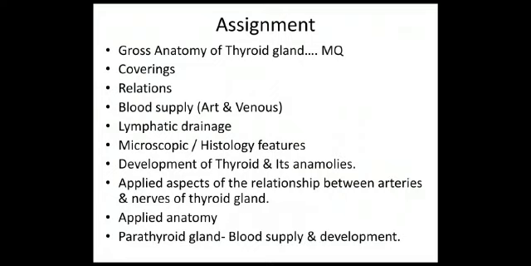So coming to the assignments, a very important question, the thyroid gland. It will come as a main question, the gross anatomy of the thyroid gland. Apart from that, semi-essay questions: the coverings of the thyroid gland, relations of the thyroid gland, blood supply, both arterial and venous supply of the thyroid gland, lymphatic drainage, microscopy or histology of the thyroid gland, development of the thyroid gland and its anomalies.